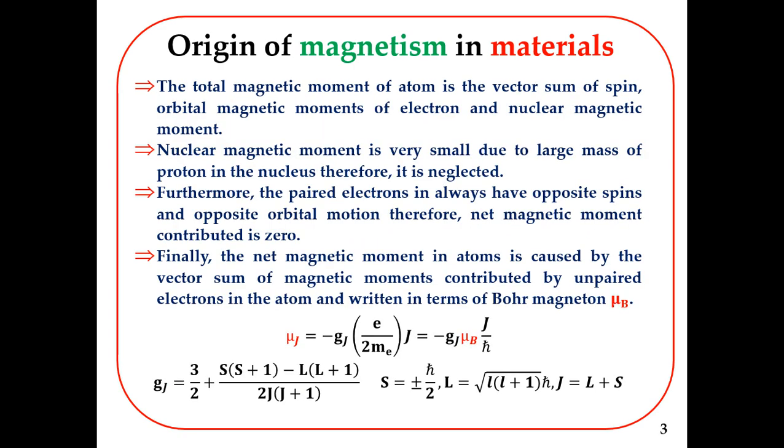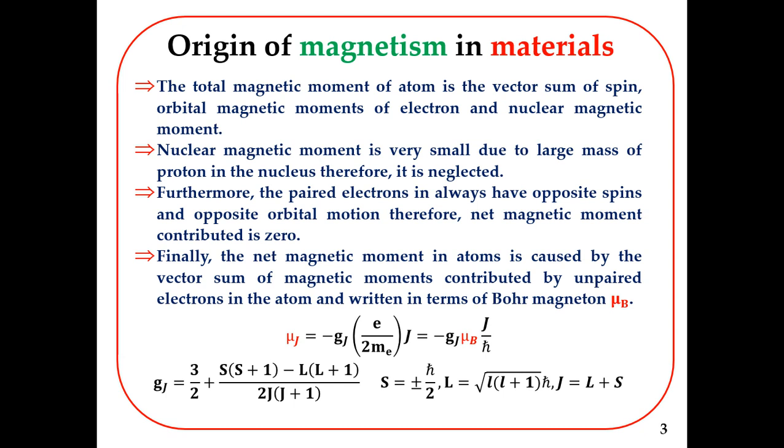The total magnetic moment of an atom is the vector sum of the spin and orbital magnetic moments of the electron, and the nuclear magnetic moment. As I told you, the nuclear magnetic moment is very small due to the large mass of protons and neutrons in the nucleus. Therefore, it is neglected.